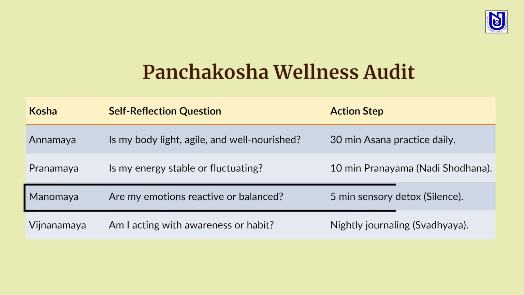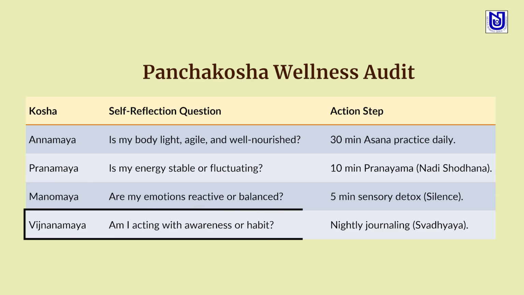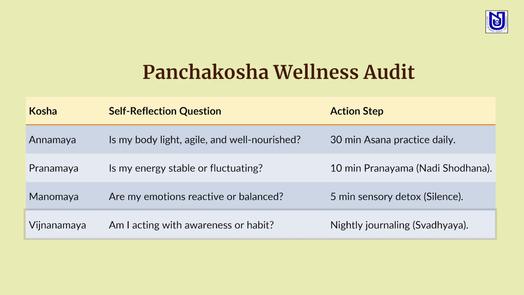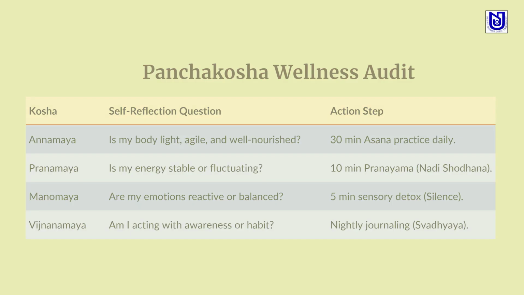A simple 5-minute sensory detox through Mona can help us balance the Manomaya Kosha. The nightly journaling routine of self-contemplation or Swadhyaya can help us balance the Vijnanamaya Kosha, and the practice of contentment or Santosha can help us balance the Anandamaya Kosha.